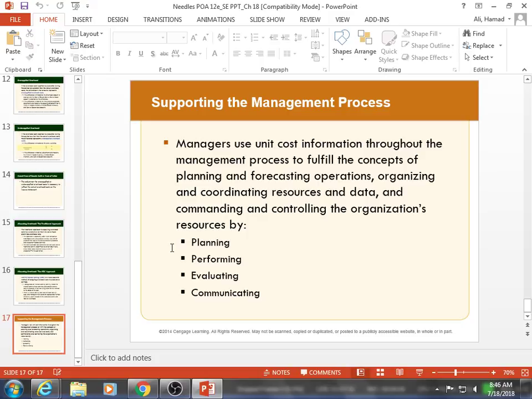Okay. I found a problem. Where's chapter 18? Go back to chapter 18. I found problem E9A on page 829. Page 829.